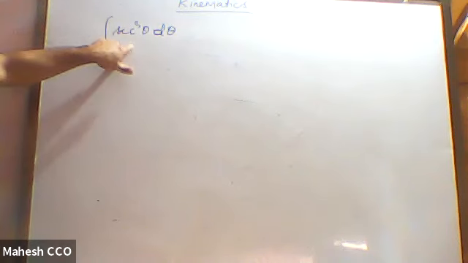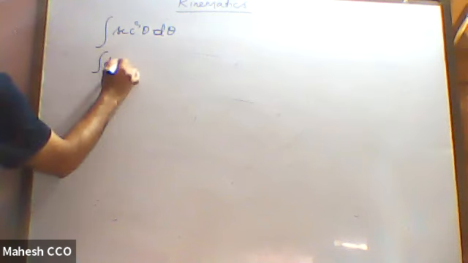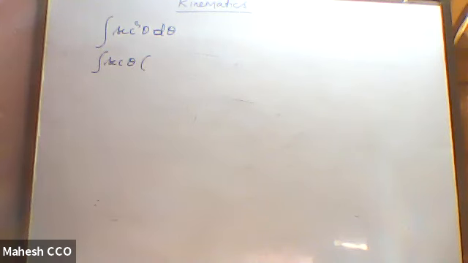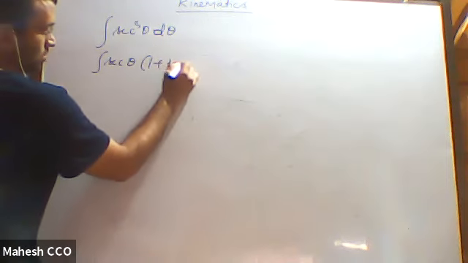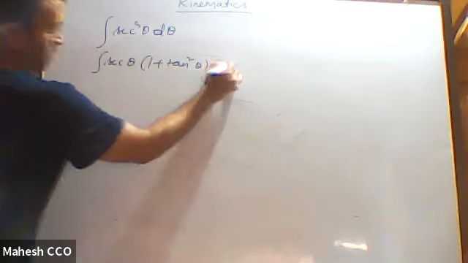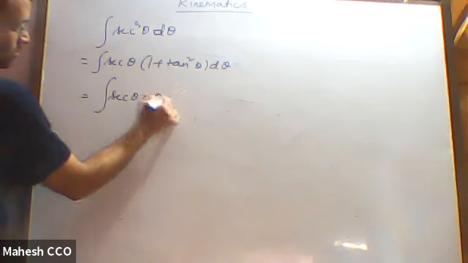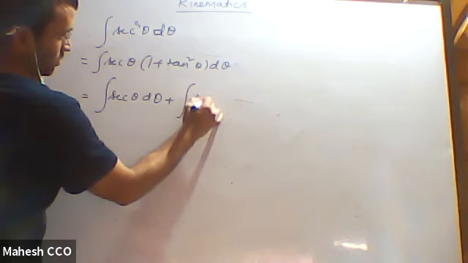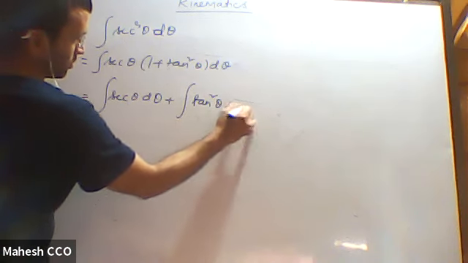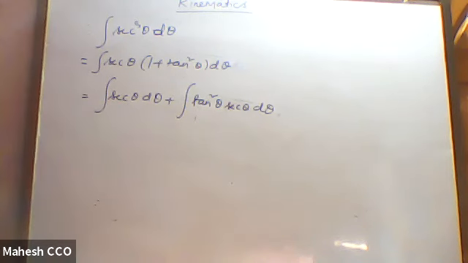Which transforms to two integrals. One is secant theta d theta, and the other is secant theta into tan square theta d theta. I have just expanded that bracket. Nothing great I have done.